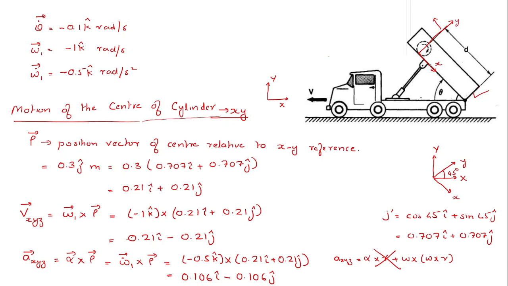the secondary reference frame small x small y will have a translational motion towards the left, since this entire truck is moving towards left. In addition to that, you see the xy reference frame at this instant of time is not only moving towards left with this corresponding velocity, it is also rotating with respect to this point here.